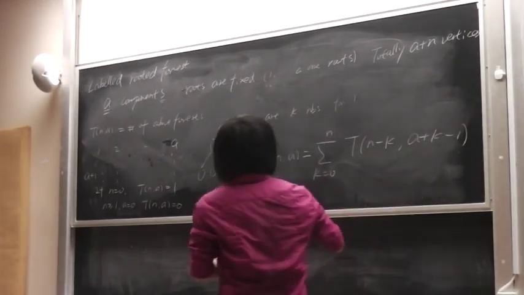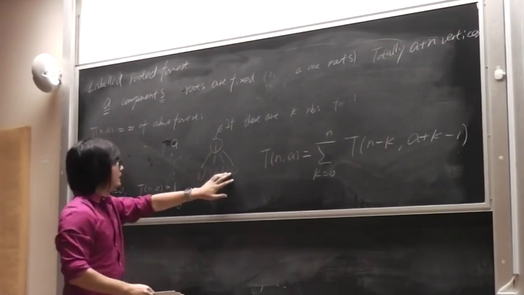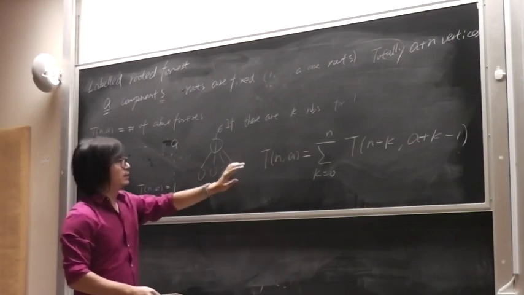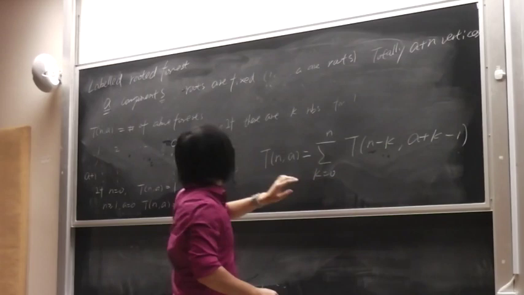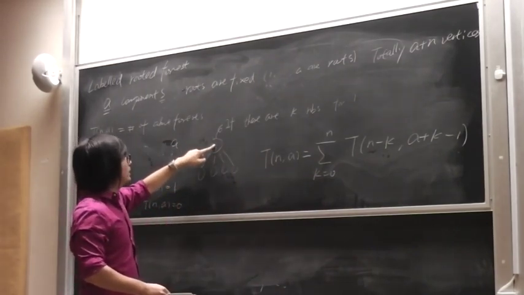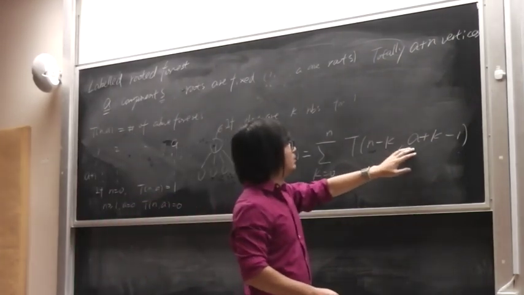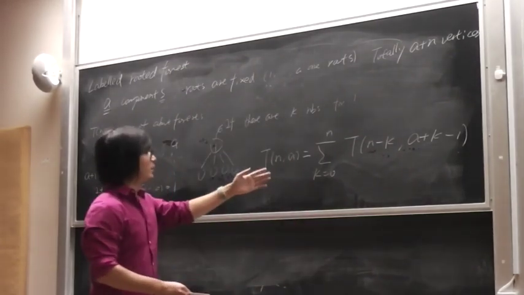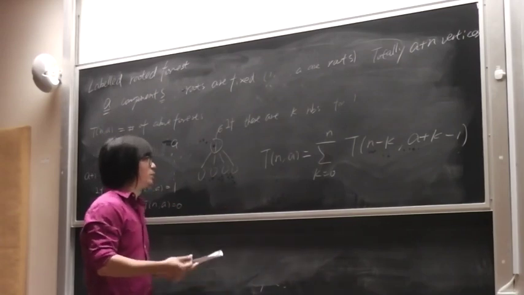Because if we do so, then these k non-root vertices will become roots. So the number of non-root vertices will become n minus k. And originally there are a roots. Now we delete 1, but we have k more. So the new number of roots will be a plus k minus 1. Because this satisfies the same recurrence relation, TNA also equals PNA.